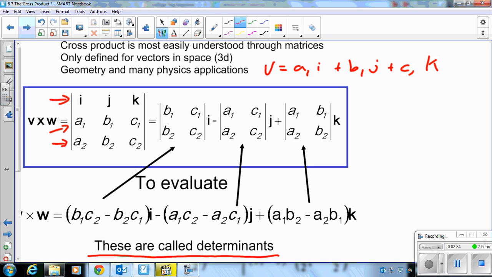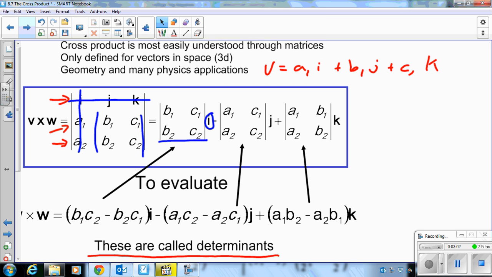So if you do v cross w, you're going to have to find 3 different determinants. The best way to do this is for the i component, you cross out the row and column for i, and then you're left with this matrix, and you must find the determinant of that. So that's b1, c1, b2, c2 that's left there.